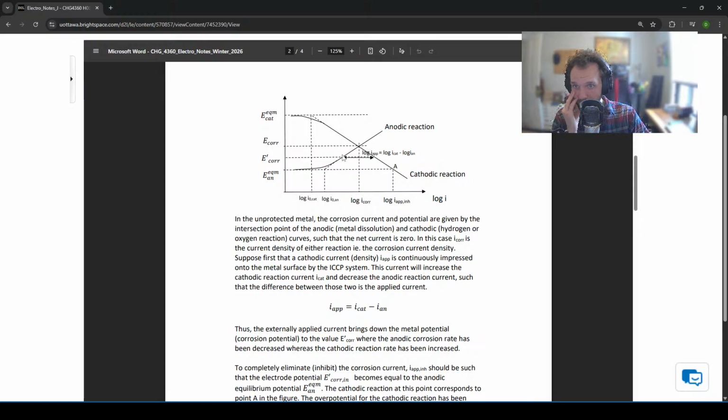As our potential becomes more electronegative, the anodic reaction starts to move down this way, essentially. We go down this line for the anode. And so the applied current is going to be the difference between the cathodic and the anodic current.